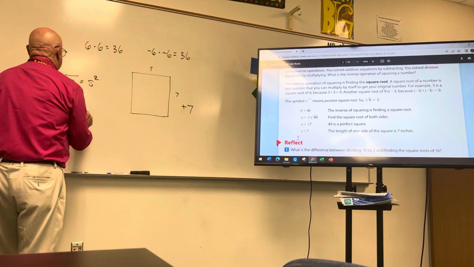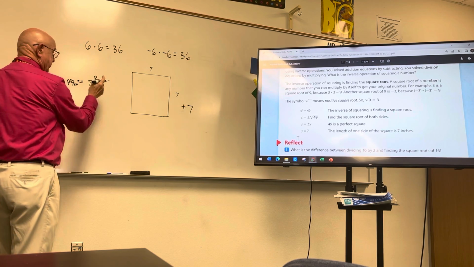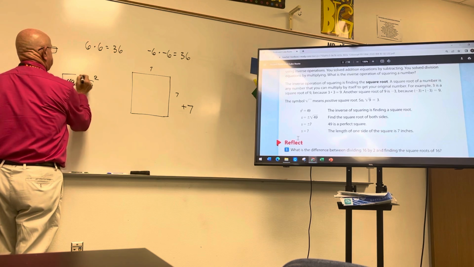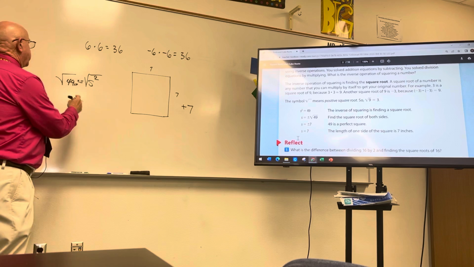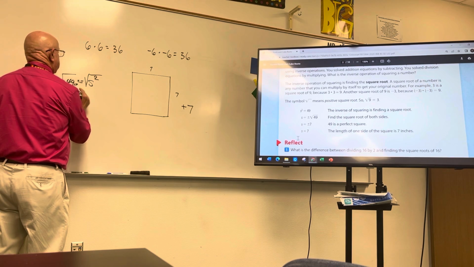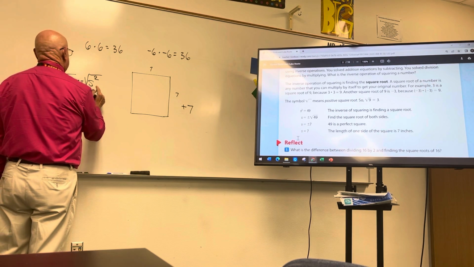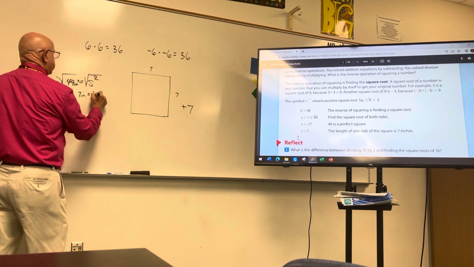Well, actually 49 inches squared is equal to s squared. So we take the square root of both sides, because remember, what you do on one side, you have to do on the other. And that gives us 7 inches times 7 inches is equal to 49 inches squared.